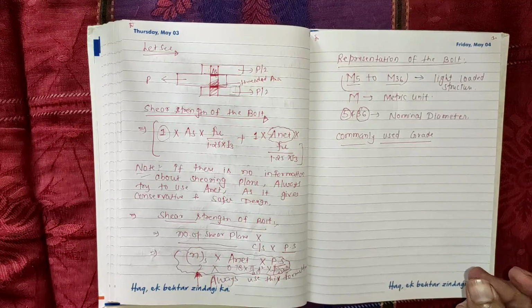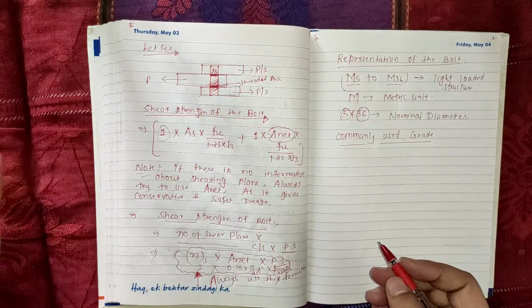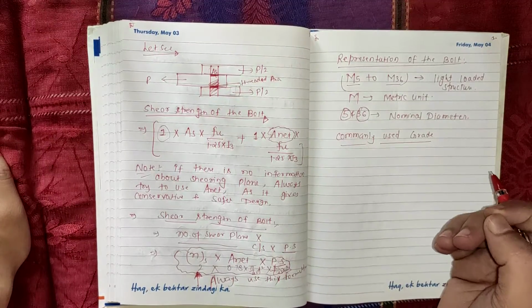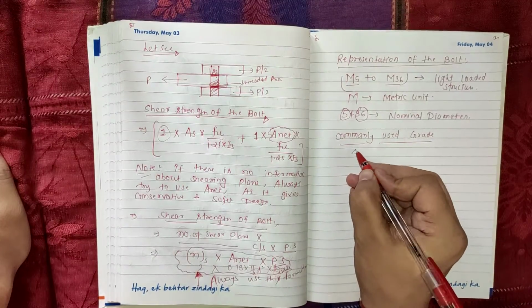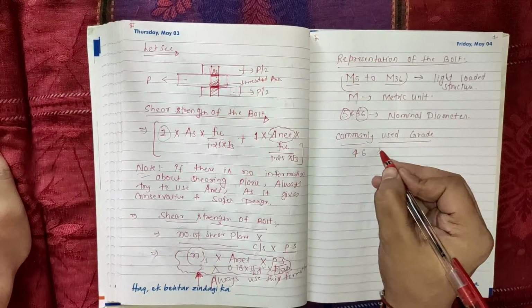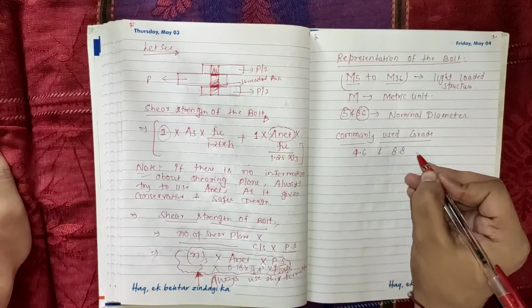In case of 4.6 and 8.8, both have different yield and ultimate strength. So the commonly used grades are 4.6 and 8.8 grades.